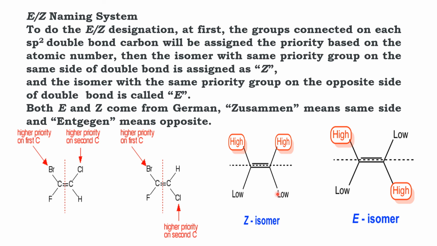If the highest priority groups of atoms are on the same side, it is called Z zusammen isomer. If they are on the opposite side, it is called E entgegen isomer. Take down.